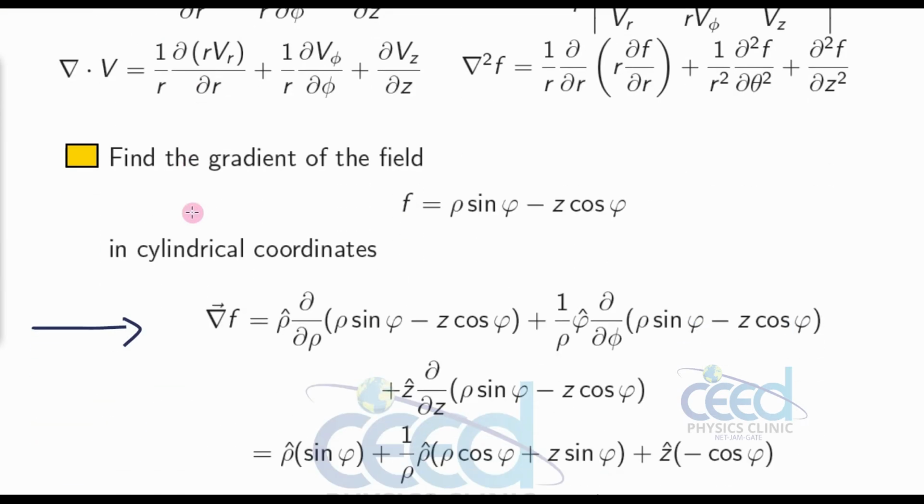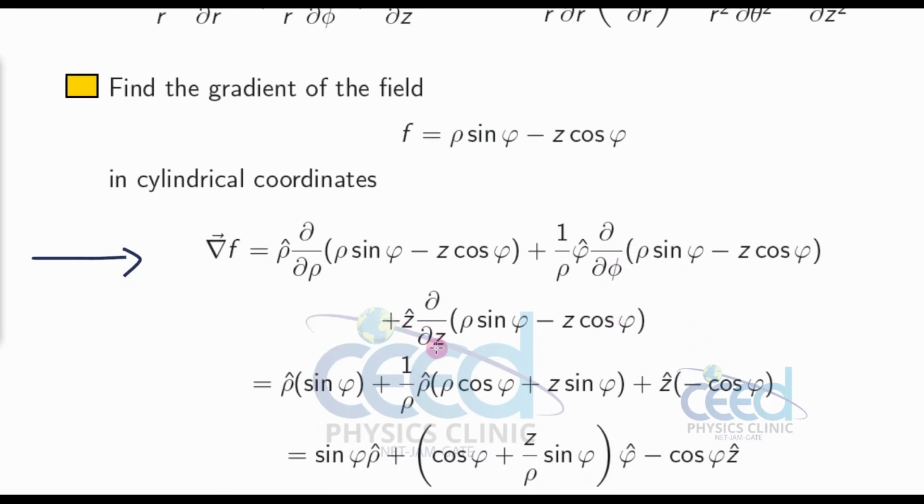Okay, see, find the gradient of a field f = ρ sin φ − z cos φ in cylindrical coordinates. In cylindrical coordinates, the gradient is ρ cap ∂/∂ρ f. The function f is given here, so I substituted it, and 1/ρ φ cap ∂/∂φ of ρ sin φ, that is f given here, that I substituted, and z cap ∂/∂z f, that is f I am substituting here.